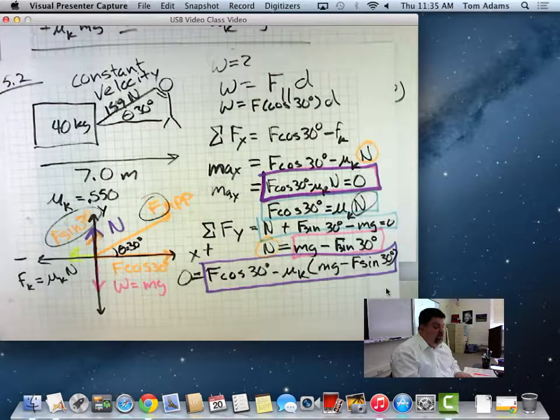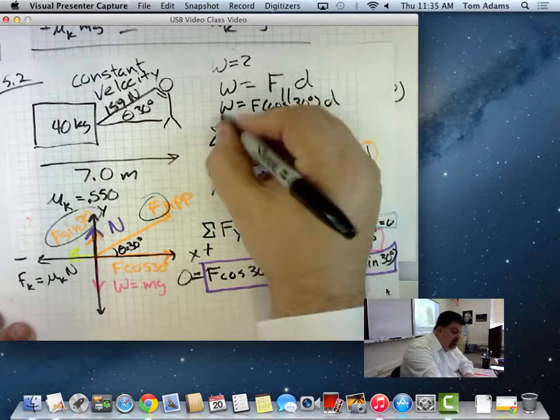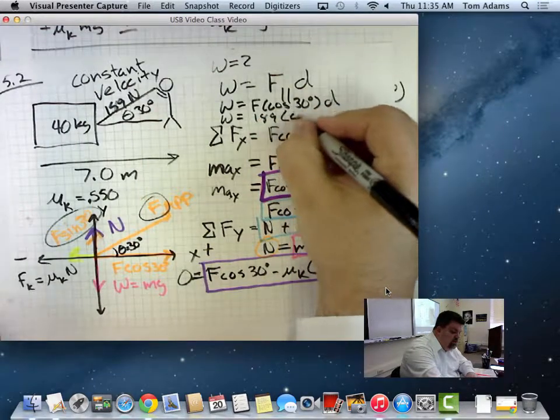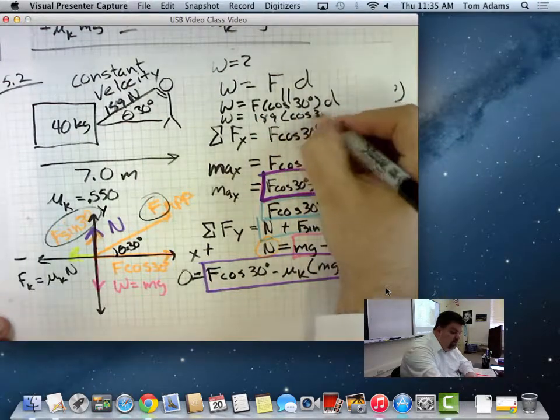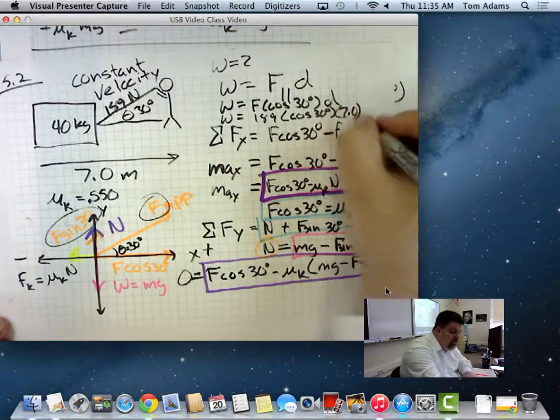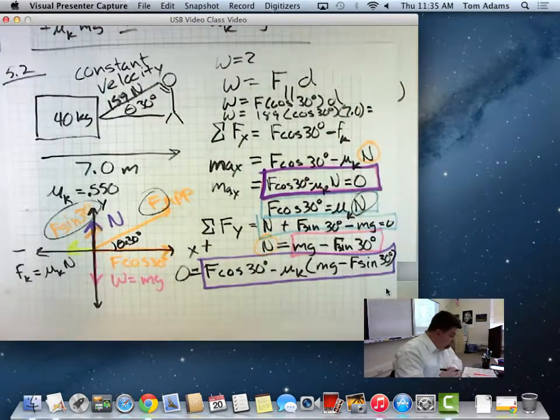So how do I figure out the work done on this object? I'm going to say the work is equal to 189 times cosine of 30 times 7 meters. What does that equal? The work.